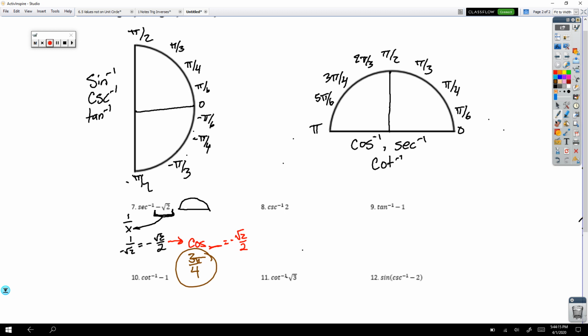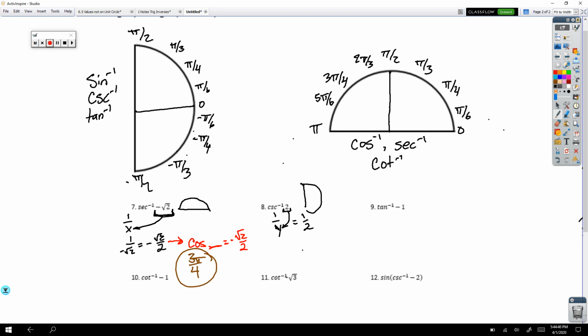Alright, so let's practice that same thing but with cosecant this time. Cosecant inverse is 1 over y. Sine and cosecant, I'm dealing with my vertical half circle. Now let's take the 2 and plug that into my denominator. The nice thing when it's not a root is I don't have to rationalize.